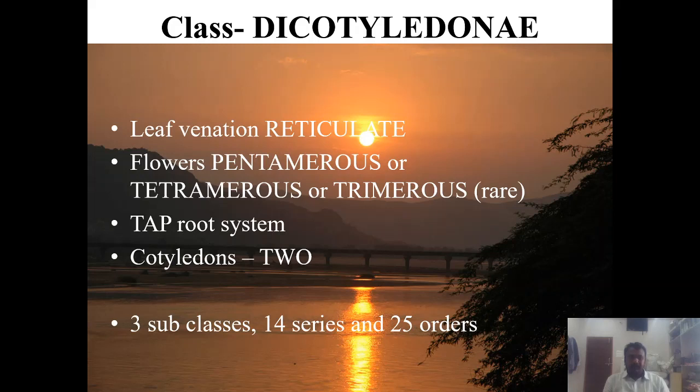Now, coming to the classes, the characteristic features of the class Dicotyledonae. The major characters: leaves with reticulate venation and flowers pentamerous or tetramerous, rarely trimerous. Taproot system and cotyledons are two. This class Dicotyledonae is divided into 3 subclasses, 14 series and 25 orders.